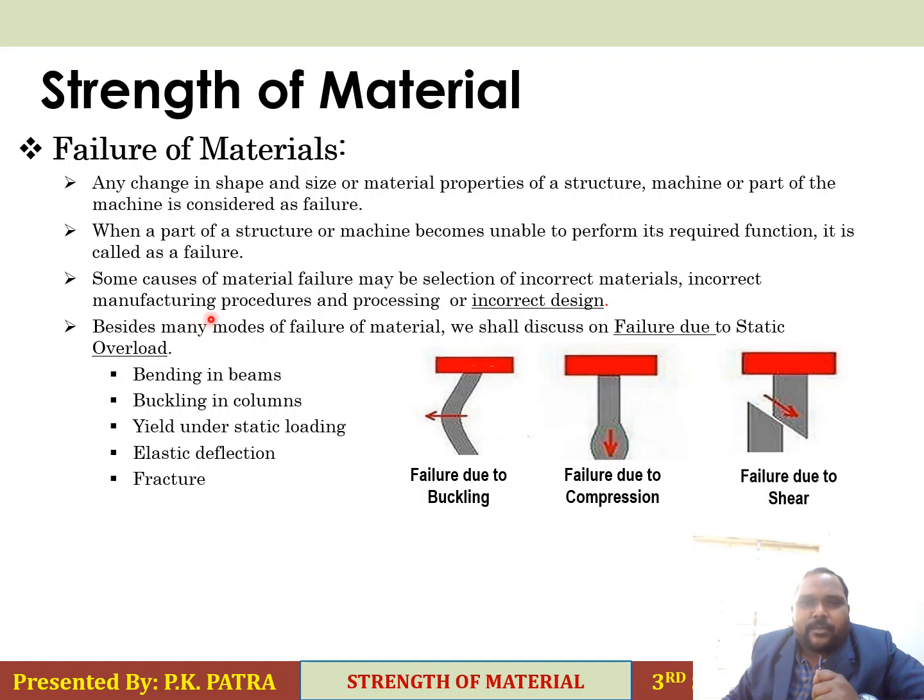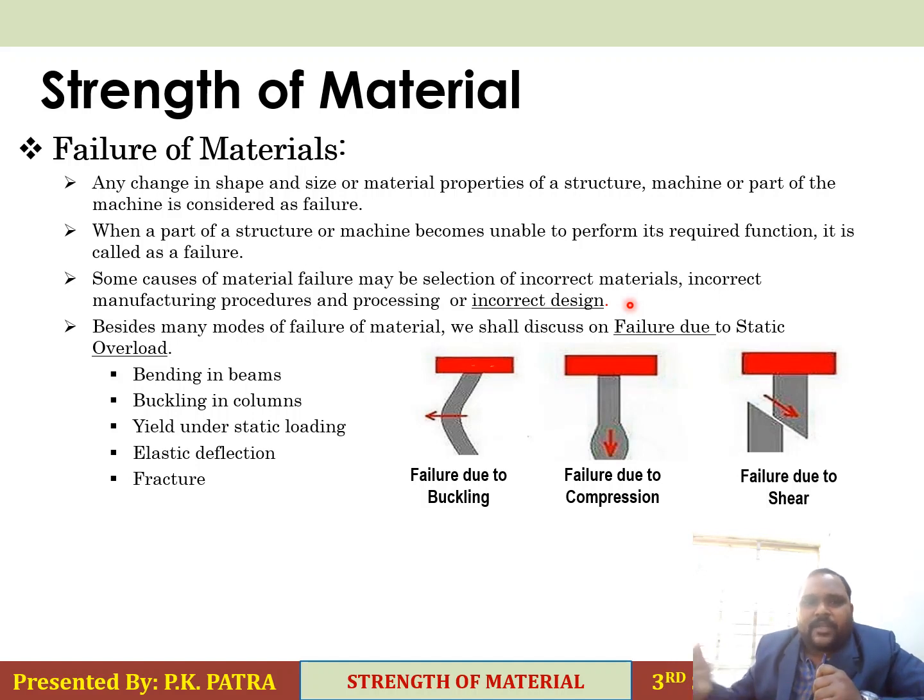Second one, incorrect manufacturing procedures and processing. So while making the product, we must ensure the step-by-step procedure, and we must check the quality of the manufacturing. Otherwise, there will be failure. And the next one is the incorrect design. So these are the possible failures a material may fail.